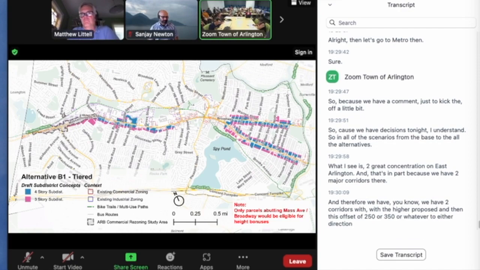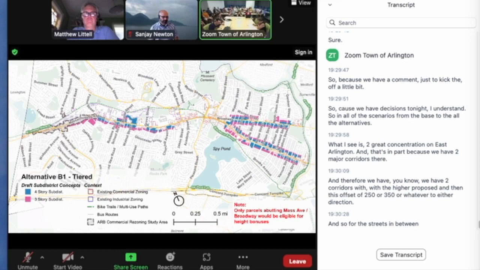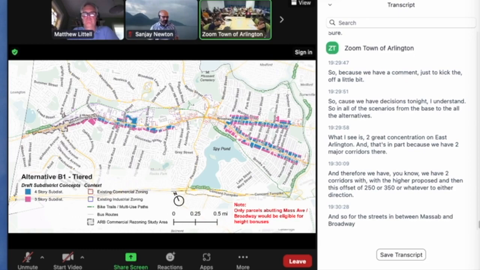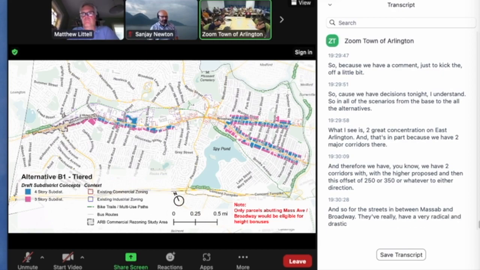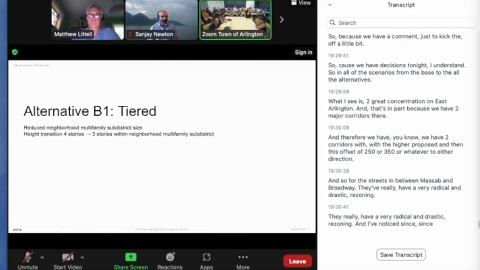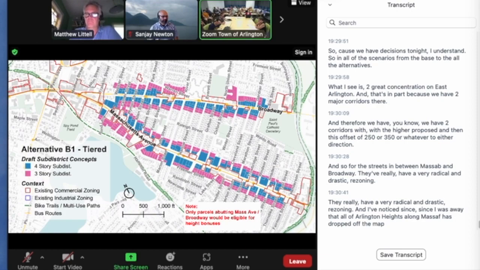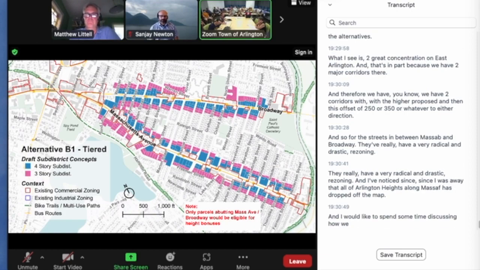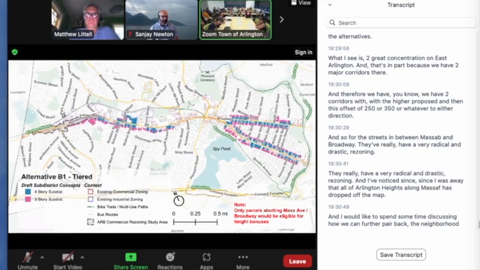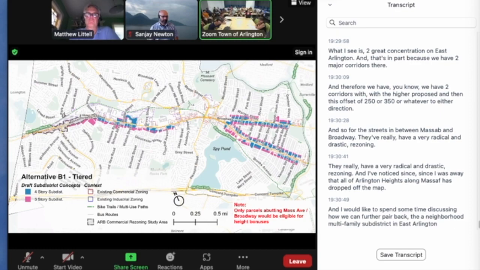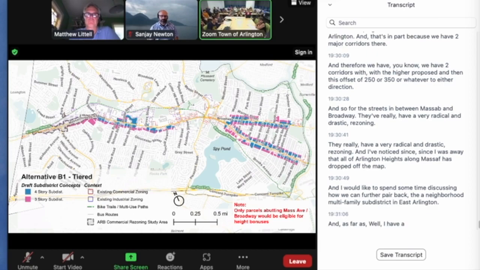And so the streets in between Mass Ave and Broadway really have a very radical and drastic rezoning. I have noticed since I was away that all of Arlington Heights along Mass Ave has dropped off the map. And I would like to spend some time discussing how we can further pare back the neighborhood multifamily subdistrict in East Arlington, and I have a proposal about that I would like to offer.